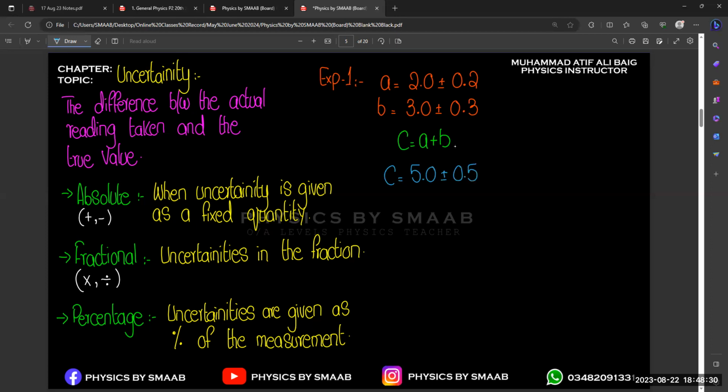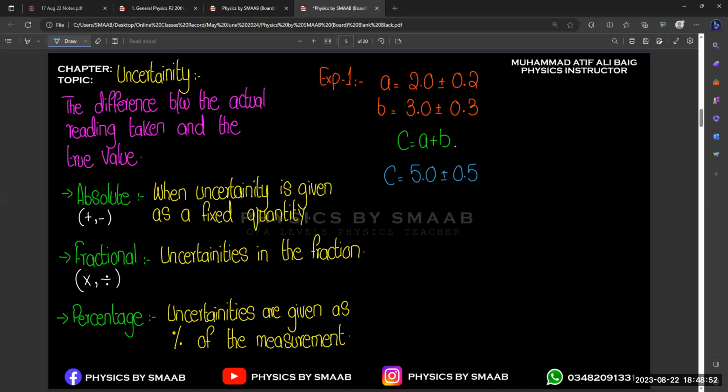Okay, so this is a very common example because that is absolute. We just need to add the values. Or if we talk about subtraction, let's take again the same values A and B, and they are asking to subtract the values.